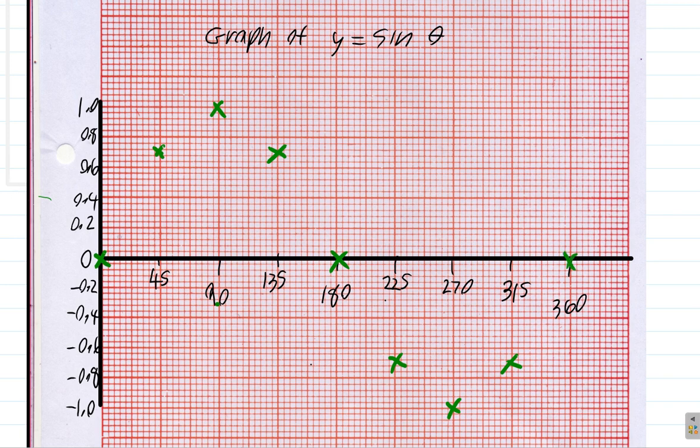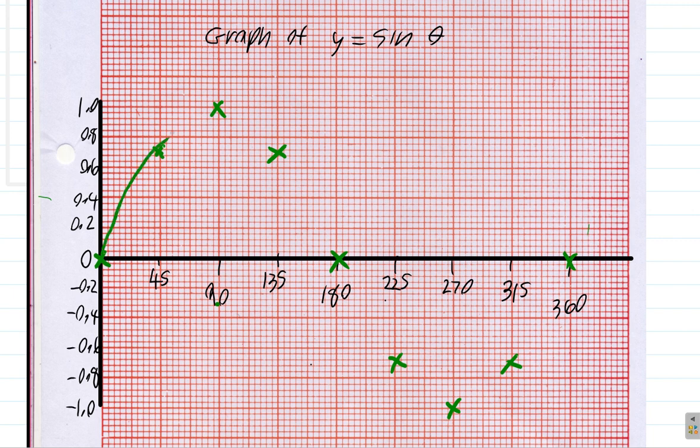Now, you could find angles between them like sine of 30. You get 0.5 and so on and so forth. You could break it up into smaller pieces. Sine of 15, then the sine of 30, then the sine of 45, then the sine of 60, and so on. But I think we have enough points to plot our graph. What will the graph look like?